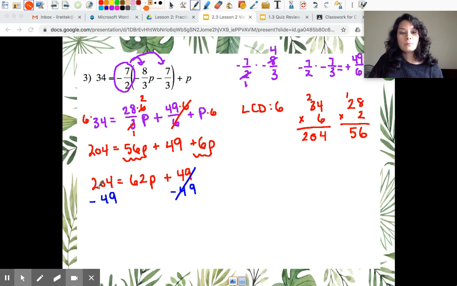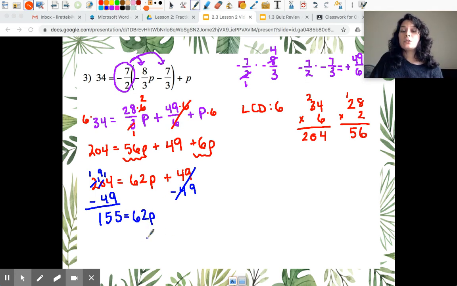I can't do 4 minus 9, and I can't borrow from the 0, so I need to borrow from the 1, make this a 10, borrow from the 10, make this 14. 14 minus 9 is going to give me 5, right? 9, 10, 11, 12, 13, 14. Yeah, okay. And then 9 minus 4 gives me 5, and 1 minus nothing is 1. I'm going to bring down my equals 62p.